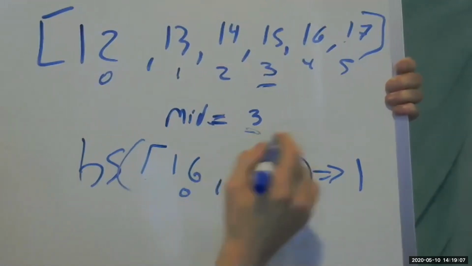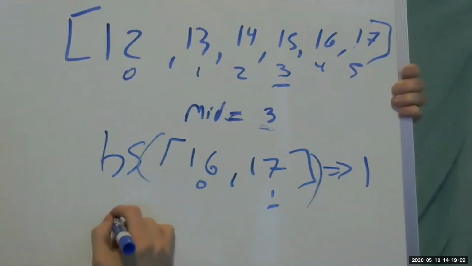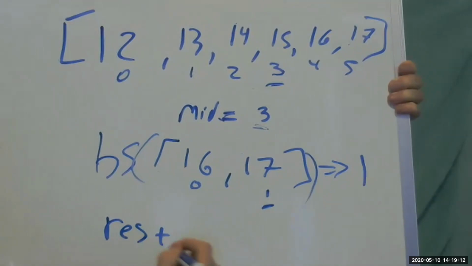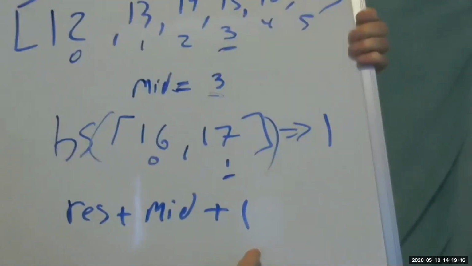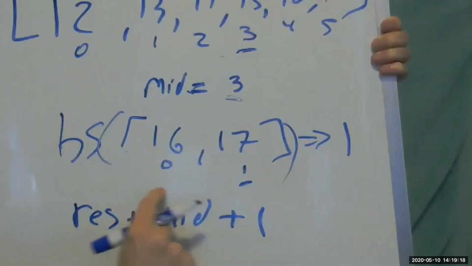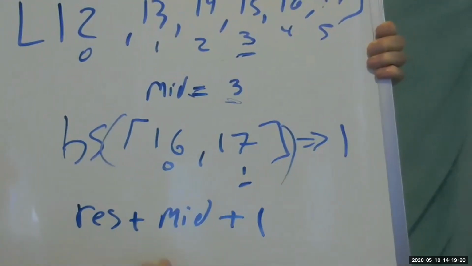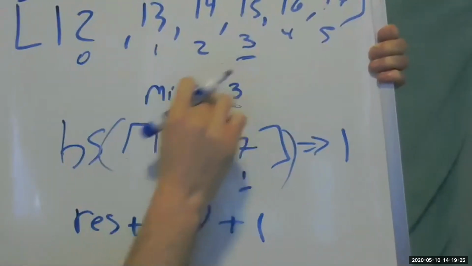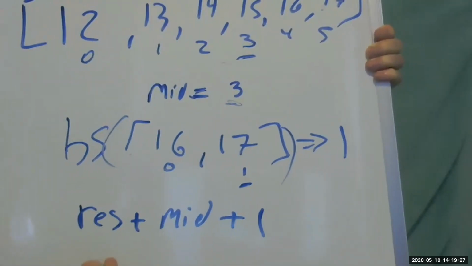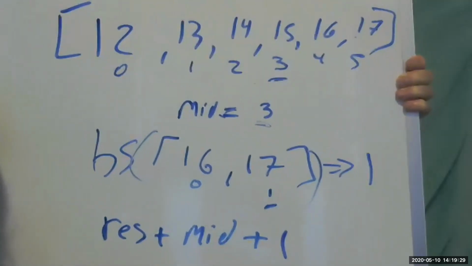So that's why we're adding that extra 1. That's why it's res plus mid plus the 1. So this 1 is making up for this 0 in the array. This mid is making up for the middle point of the array call before. And then the res is the actual index that we're getting back.